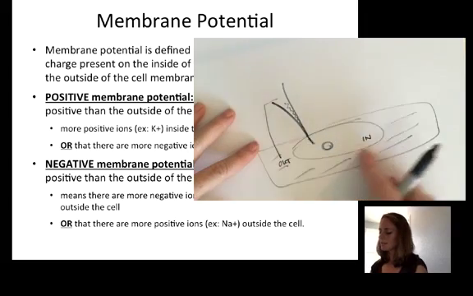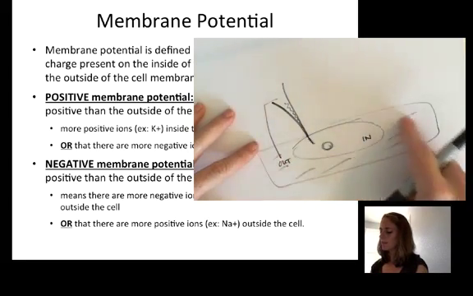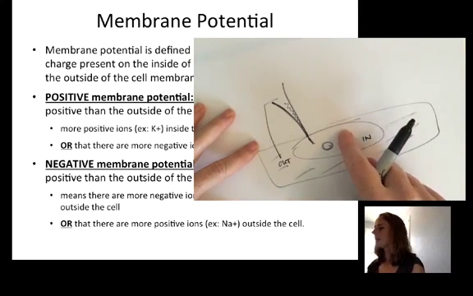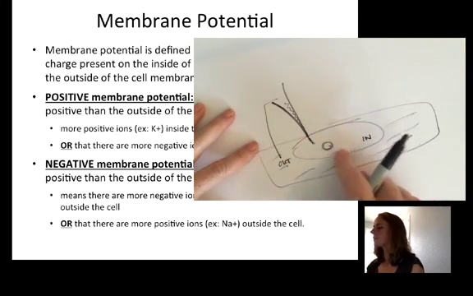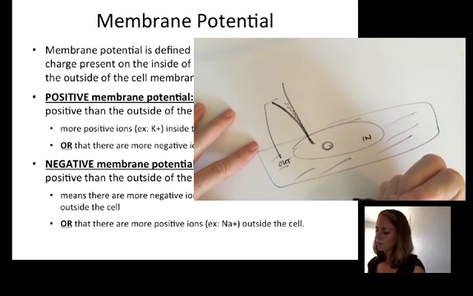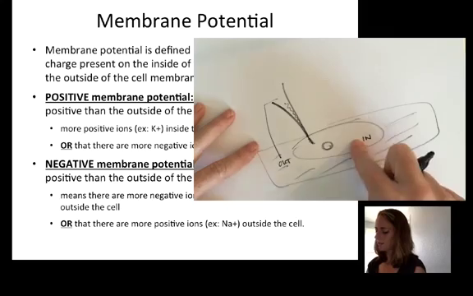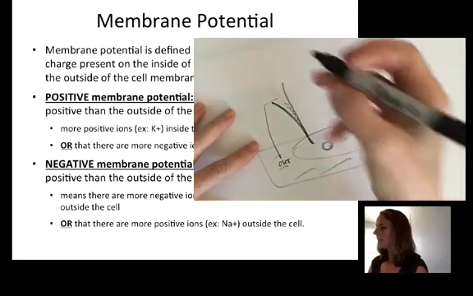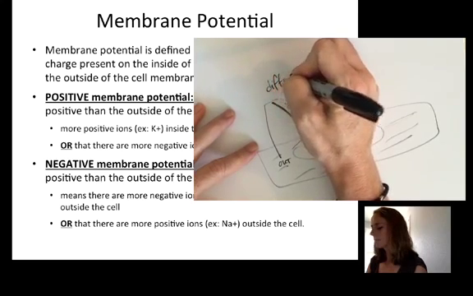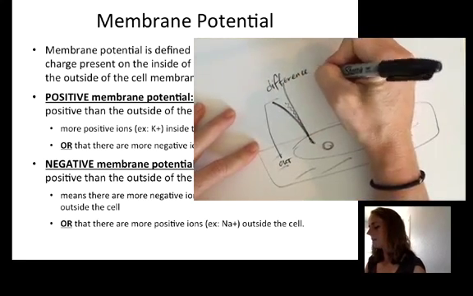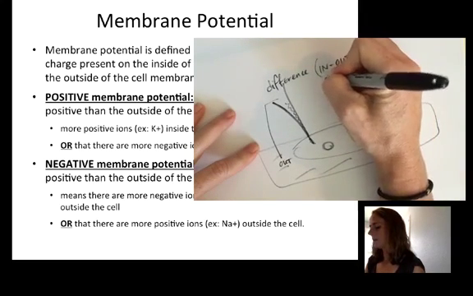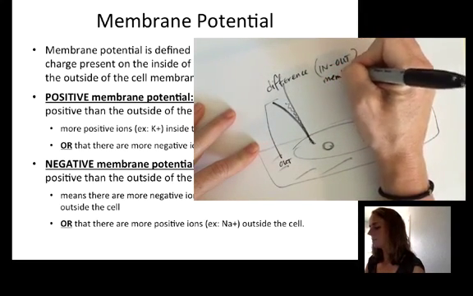Why? Because a lot of times in these experiments, we've made the solution. We know what's in the solution. We care about what's happening inside the cell, not in the solution. So we're going to measure the electrical voltage inside the cell compared to outside. And that difference of in minus out is going to be your membrane potential.